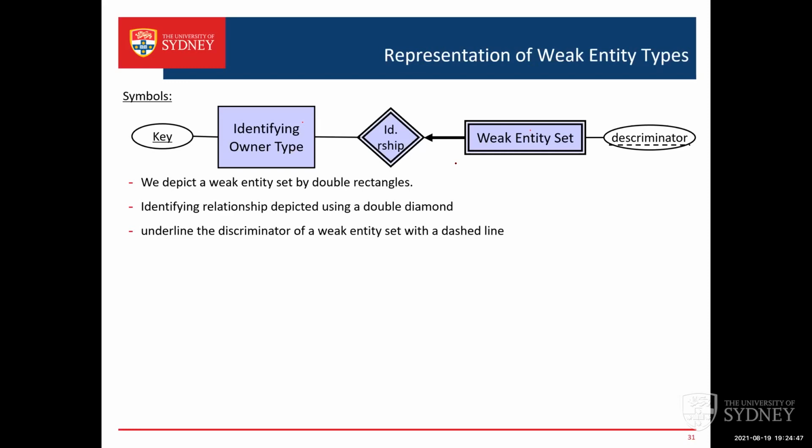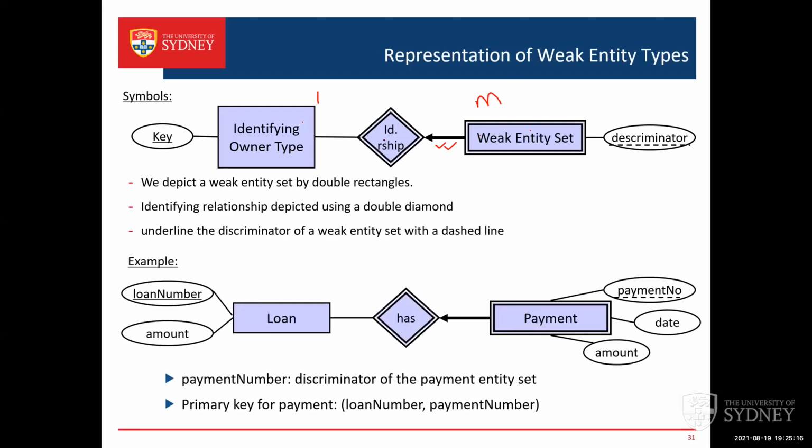What is the degree of relationship in this case? Yes, one to many, right? So one loan can have multiple payments, but for each payment there must be exactly one loan. So this one represents exactly one. So for each payment there will be exactly one loan.